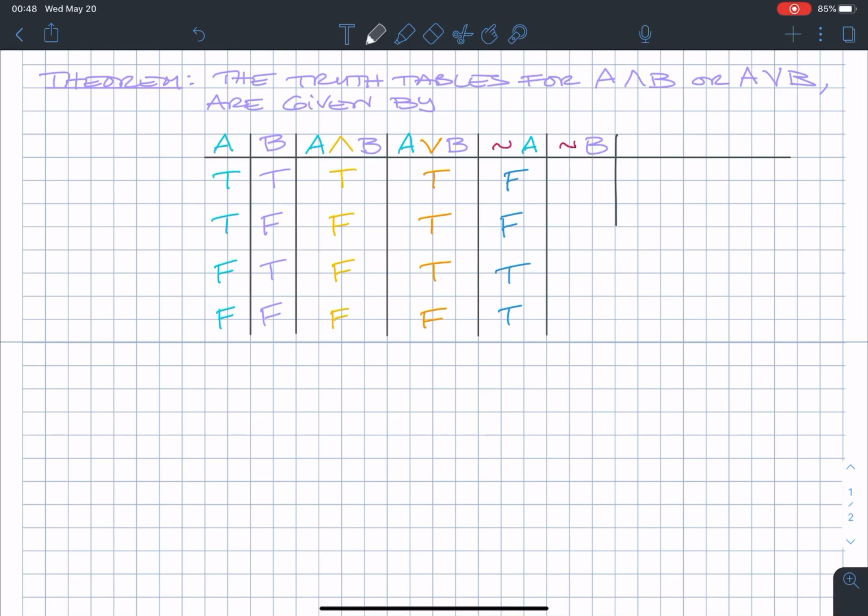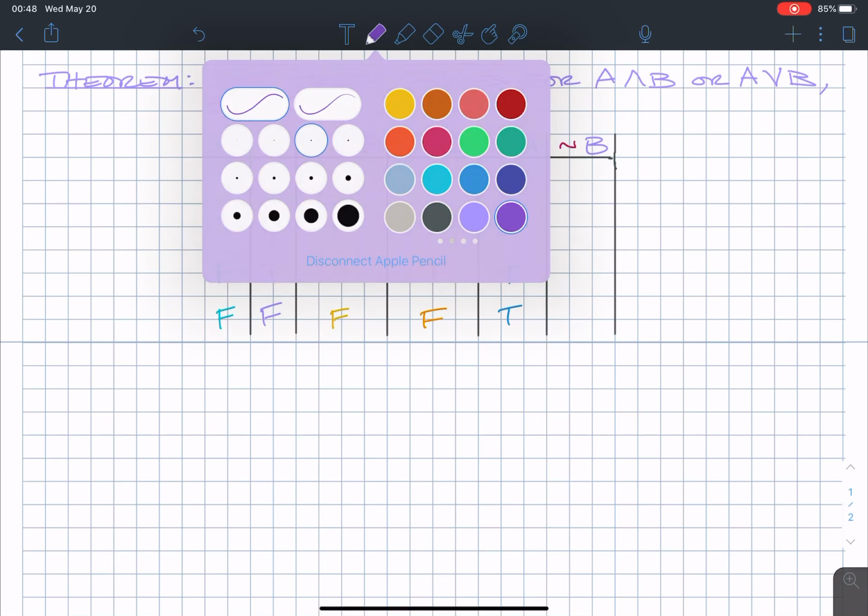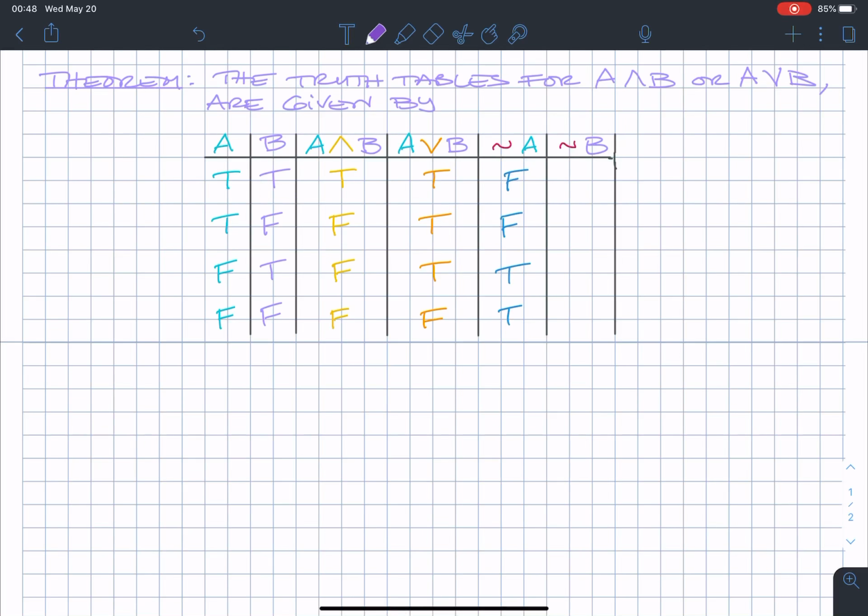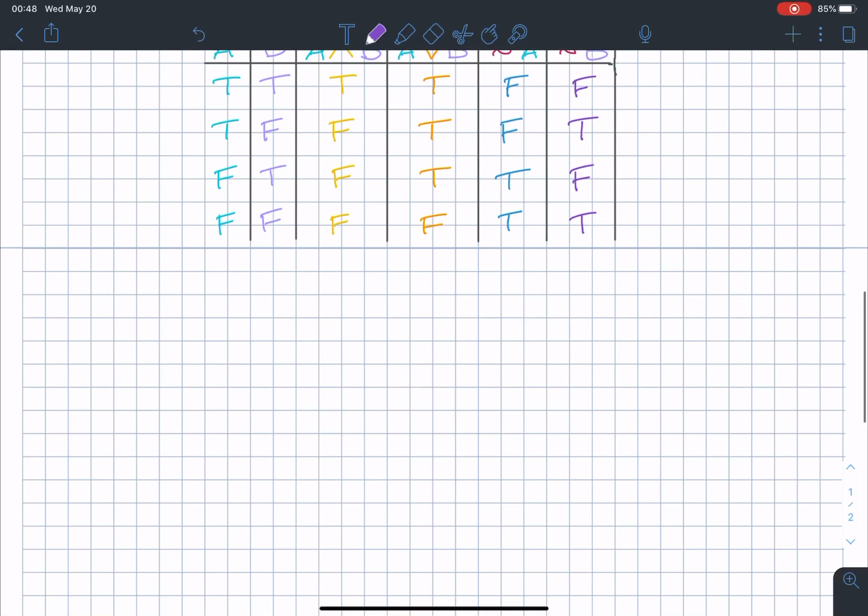Okay, so not B. The negation of true is false. The negation of false is true, and so on: false, true. So that would be not B. Okay, so definition.